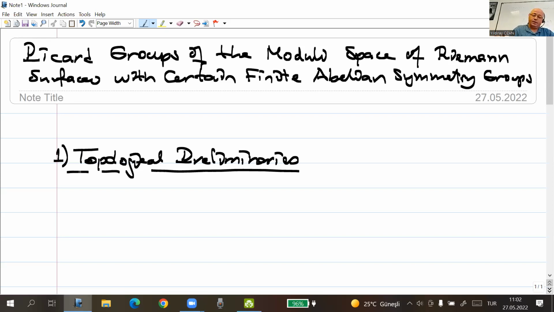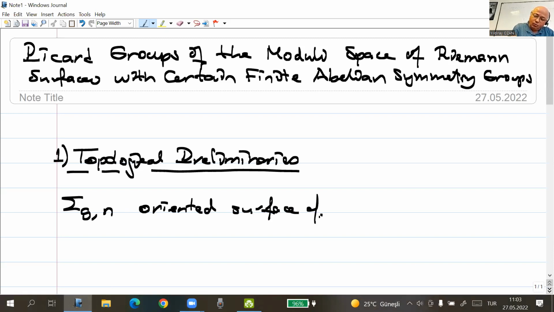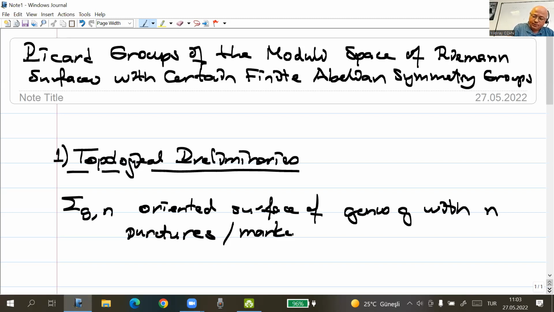It is basically covering spaces of surfaces. By sigma g,n we will denote an oriented surface of genus g with n punctures or marked points.